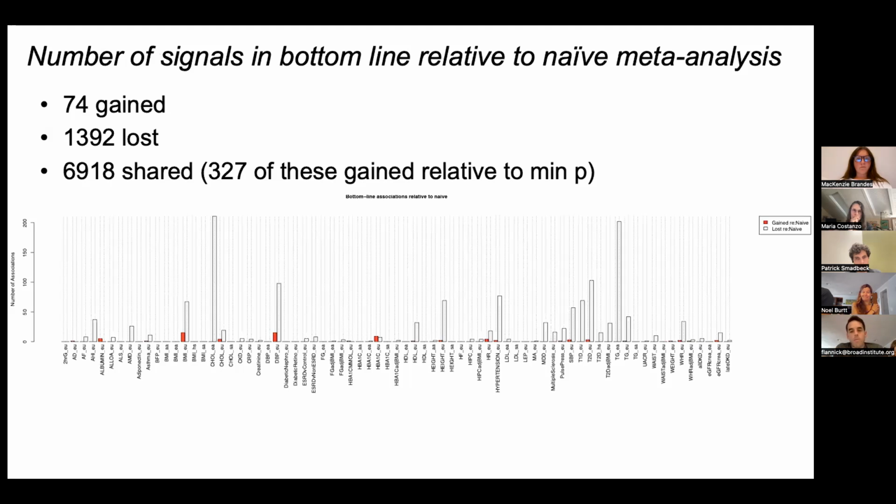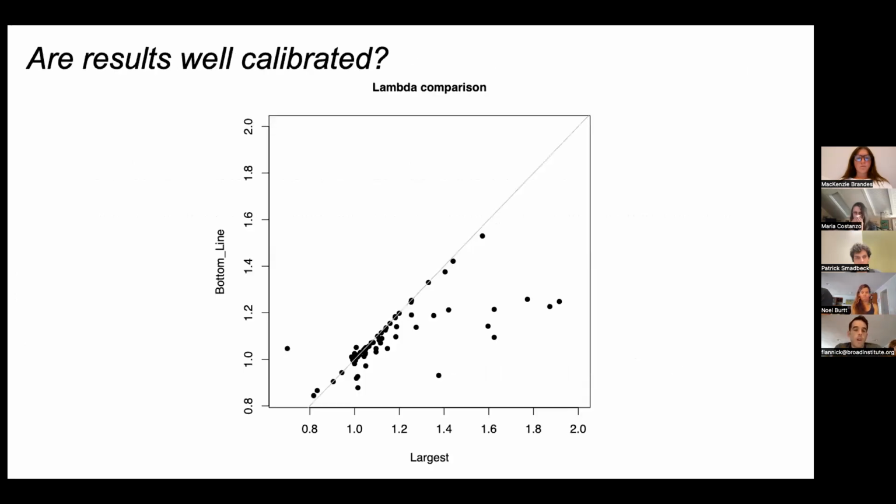And we haven't yet picked through exactly what the properties of these are, but I think the overwhelming message here is that the primary function of the overlap analysis is to prune out associations, as you would straightforwardly expect from the naive meta-analysis, but also the minimum p-value analysis, although there is some gain of associations as well.